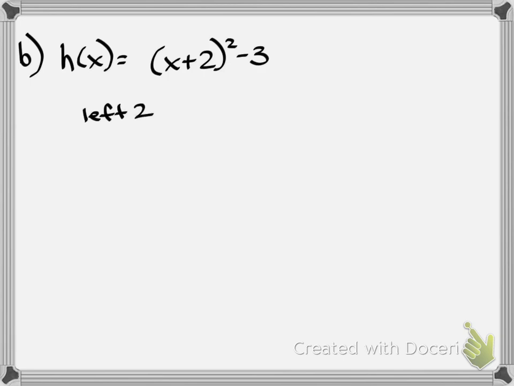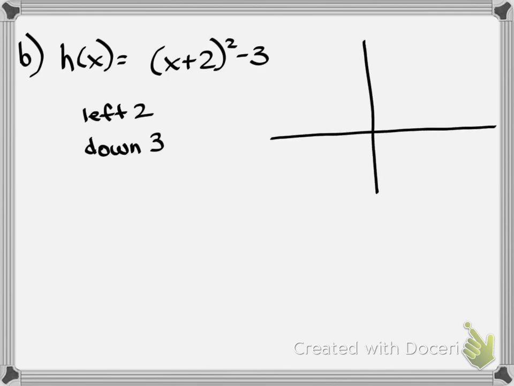And that 3 is affecting the whole function, so minus 3 is down 3. So this time, it's not a reflection, it's just a left and a right shift, so it's going to move my vertex. Instead of being at 0, 0, it's going to move it left 2 and down 3.